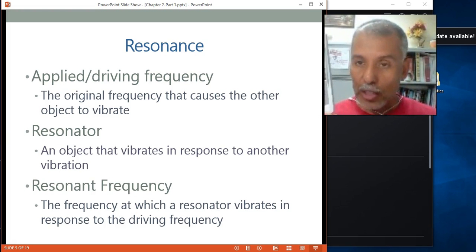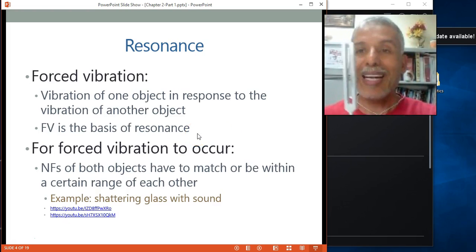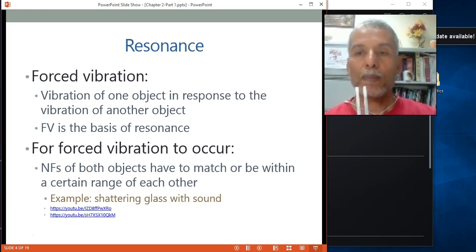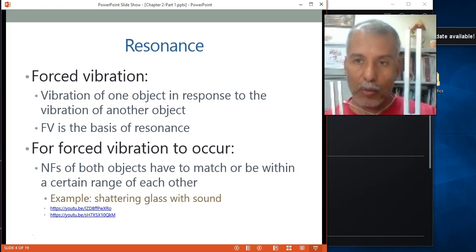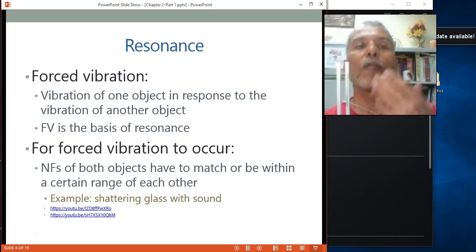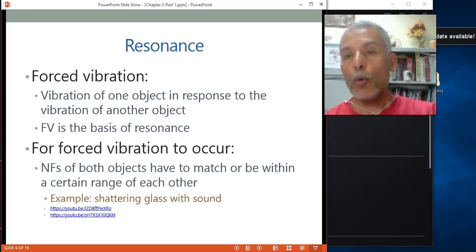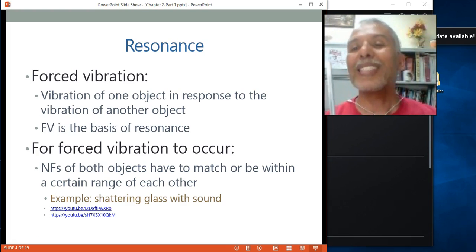The vibration of this second fork that I did not hit is called forced vibration. The first is the applied frequency, the one that you hit directly. The second one is the forced vibration, the vibration of one object in response to a forced vibration by another object. So forced vibration is the basis of resonance.